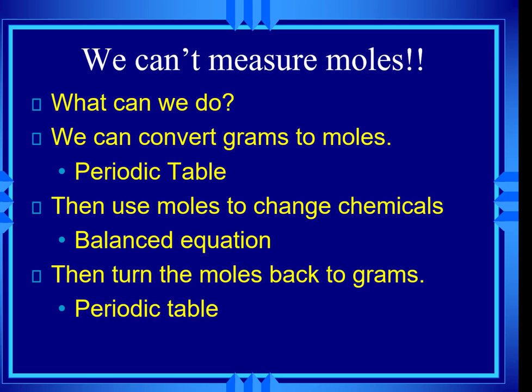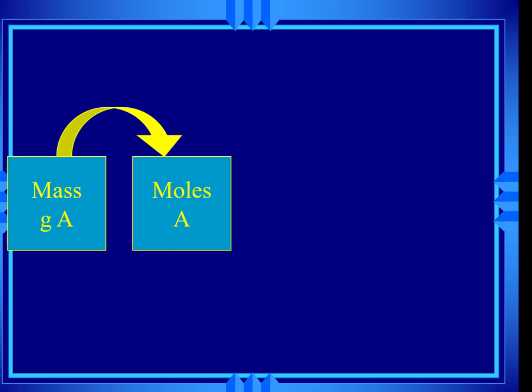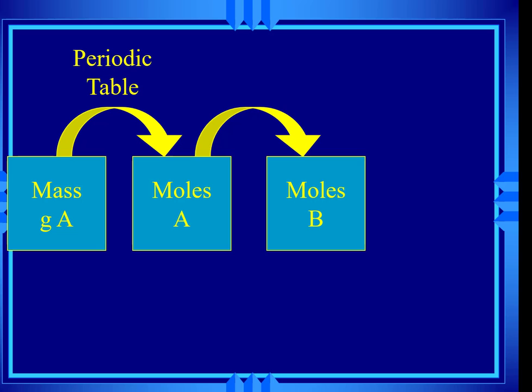So the whole map of how you're going to do these problems looks a bit like this. If I give you grams of A, the first thing you're going to do is change grams of A into moles of A, and you're going to get that number off the periodic table. Then you're going to take the moles of A and turn it into moles of something else, and you're going to get that number from the balanced equation.